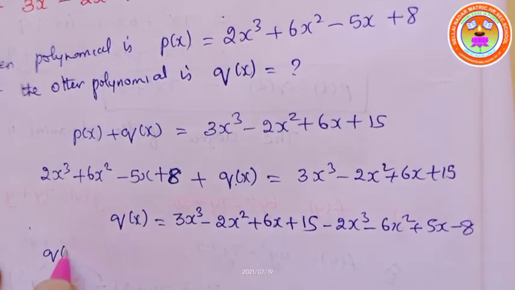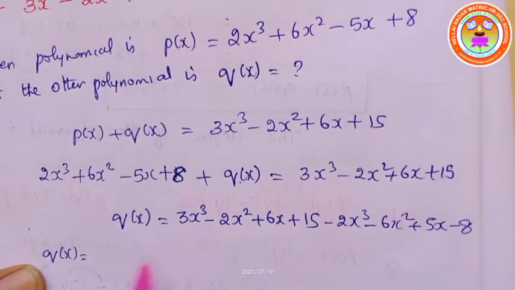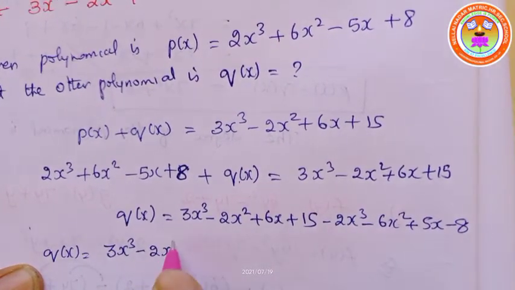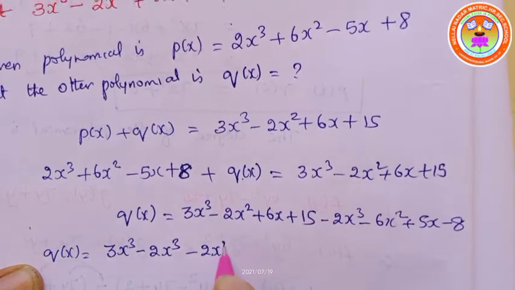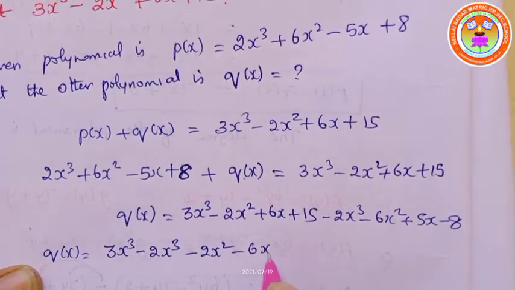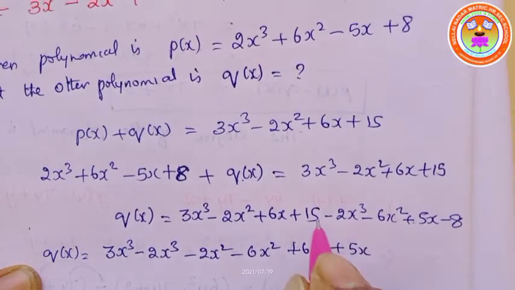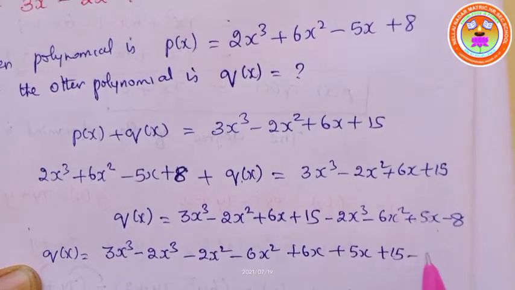So q of x is equal to, now arrange the powers, children: 3x cube, minus 2x cube, minus 2x squared, minus 6x squared, plus 6x, plus 5x, plus 15, minus 8.